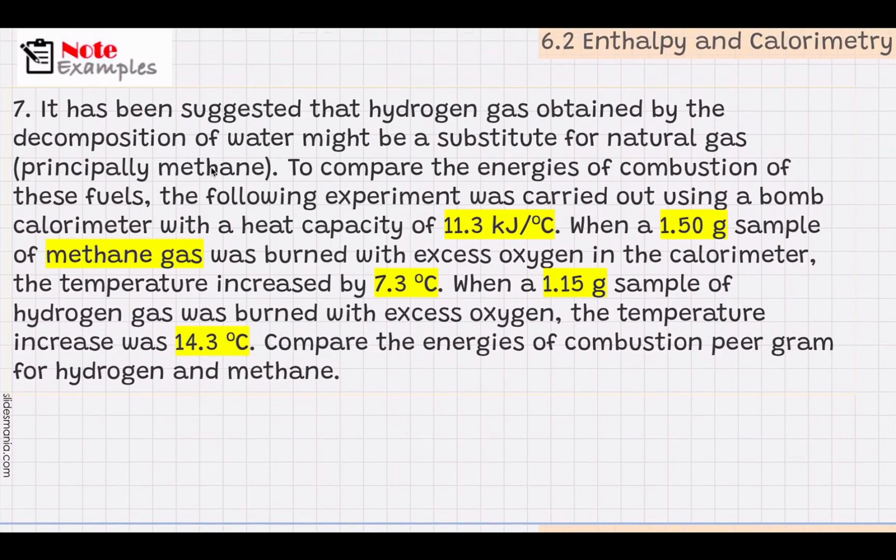So if I do a question like this, if you read this pretty long question, this is getting at looking at methane as a fuel source versus hydrogen.